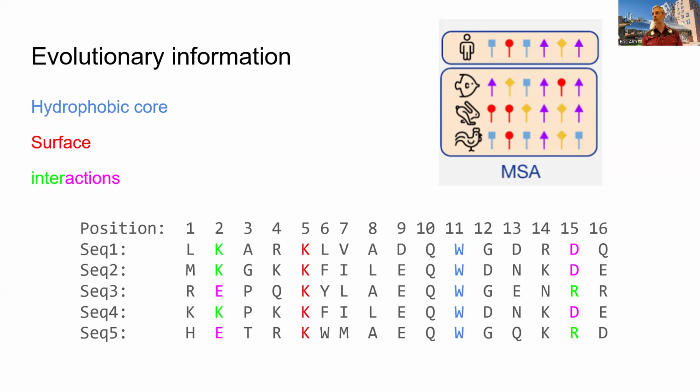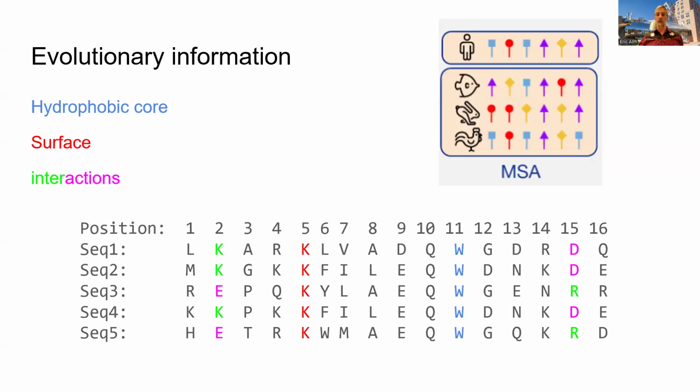The other really important piece of information comes from looking at the columns and looking at the interaction between the columns. So if we look at column 2 and column 15, here we see positively and negatively charged residues that seem to be alternating, right? When position 2 is positively charged, position 15 is negatively charged.